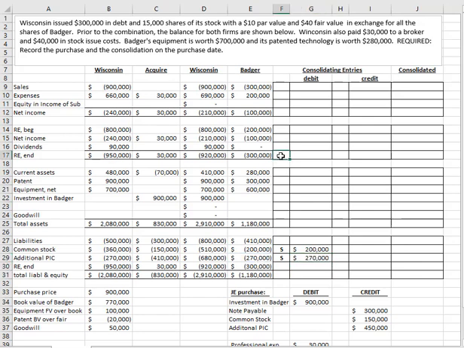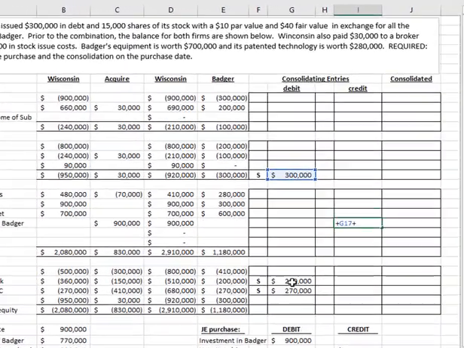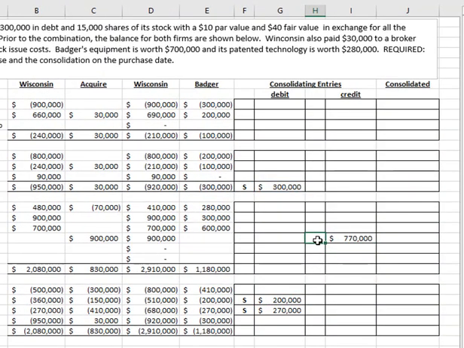That would be debited. Ending retained earnings. So that's that book value, that whole 770 now. That book value is being removed here. That's the S entry. That's to remove the book value of the subsidiary from the investment account.